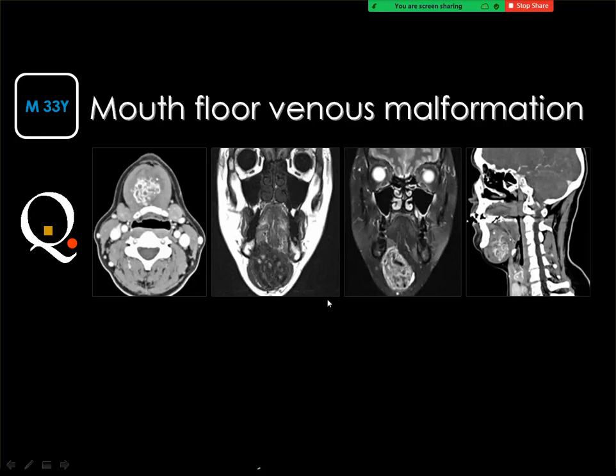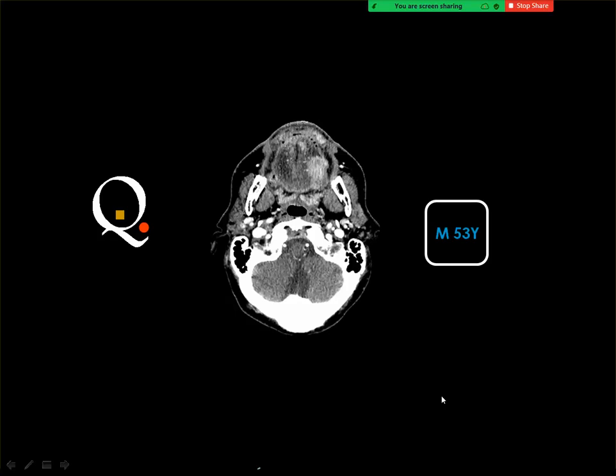And you know that calcium may be bright in the T1 and dark in the T2 weighted images. And this is a hemangioma, or the venous malformation in the mouth floor.